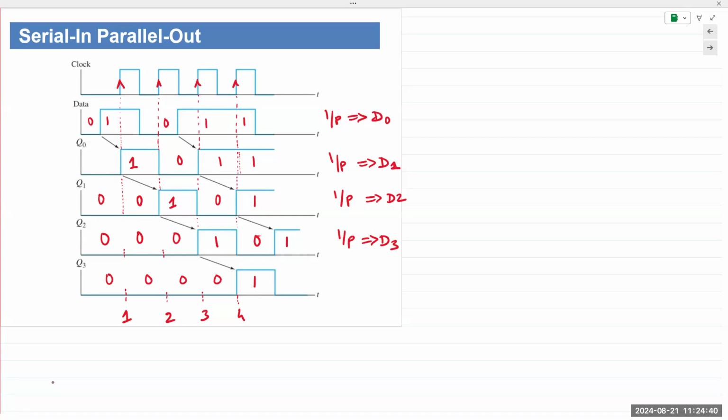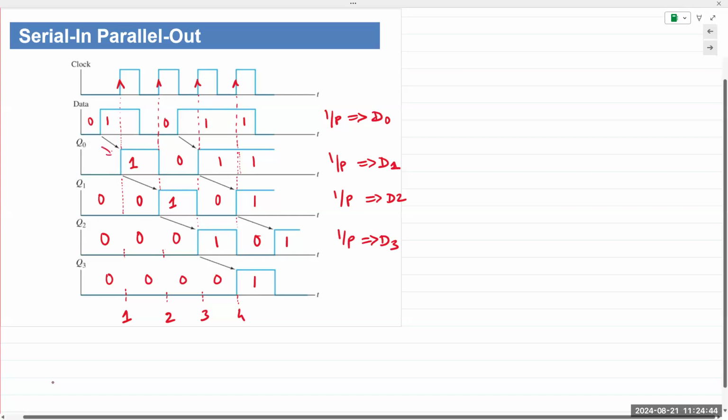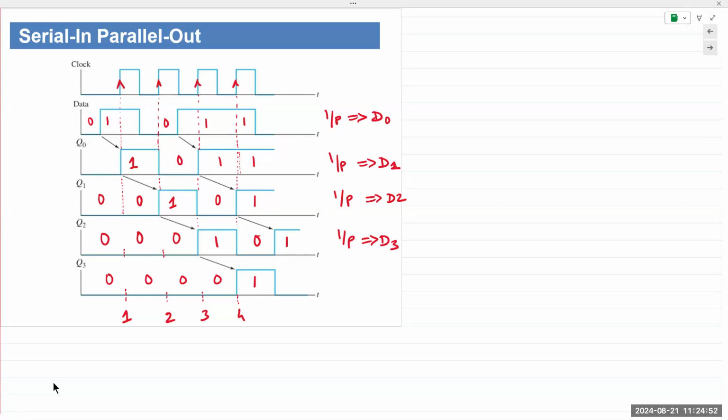Okay. The arrows that you see here simply indicate that the output of each flip-flop is acting as input to the next one. And so it's shifting the input data in a step-by-step manner, hence a shift register. It's also going in a serial fashion. It's a serial input.